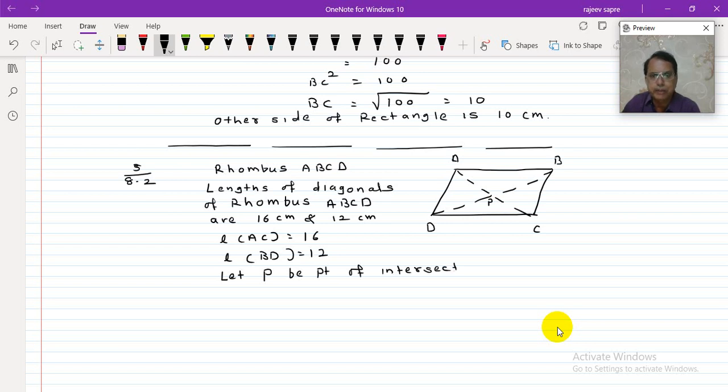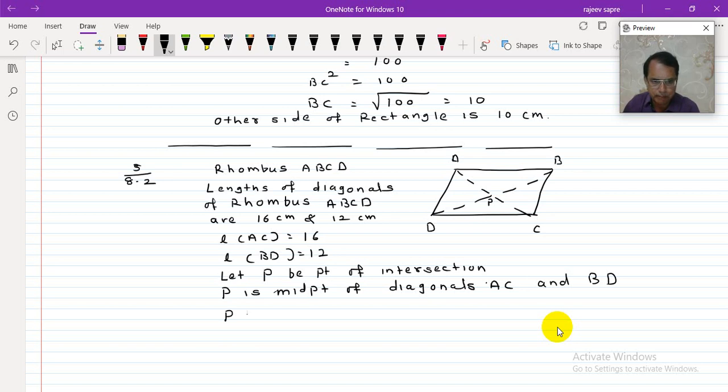Now what do we know about P? P bisects the diagonals. So P is the midpoint of diagonals AC and BD. Now what is the length of AC? 16 centimeters.